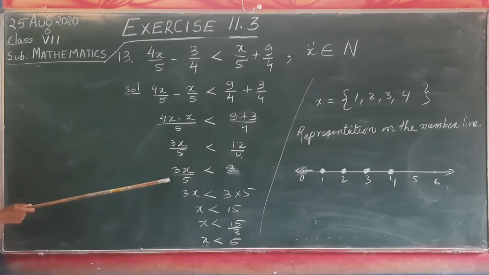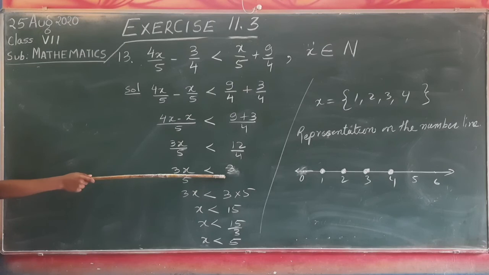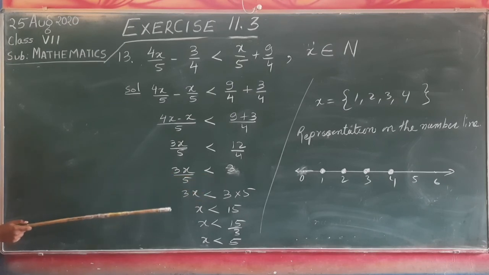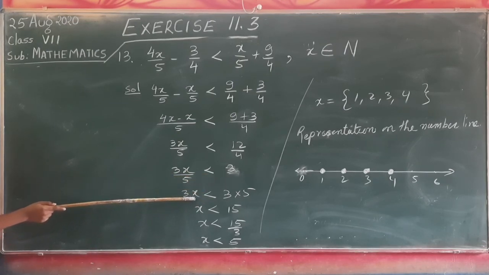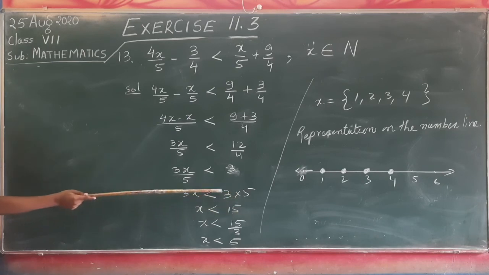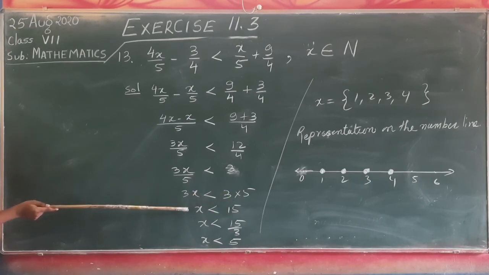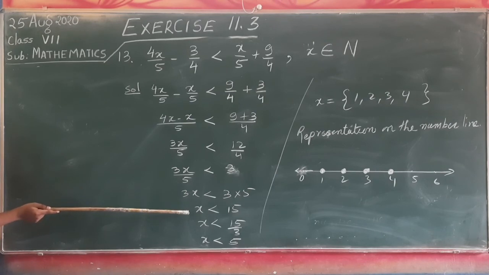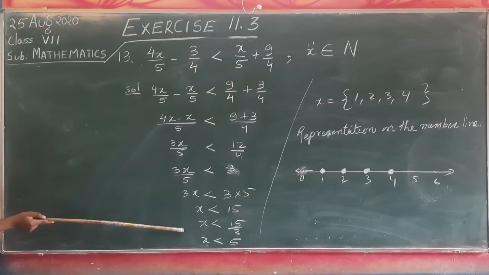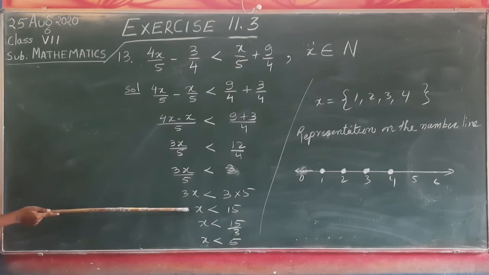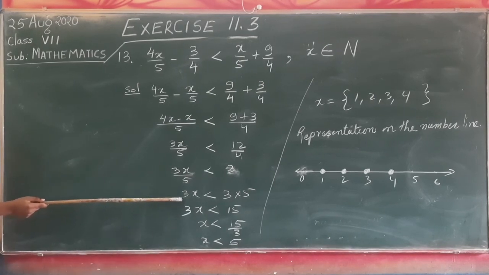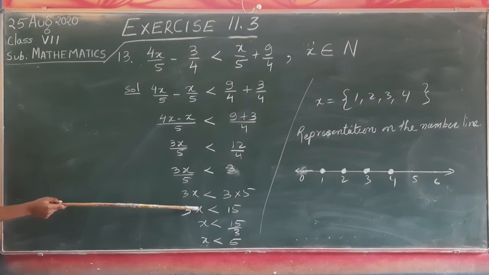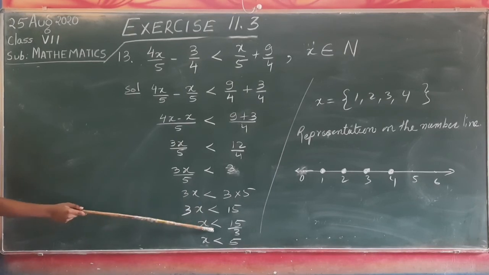Now 3x upon 5, and 3 we get, on dividing. Now on transposing 5 to the other side, 3 into 5 will give 15. So 3x is less than 15. So transposing the 3 to the right-hand side, we get what? 15 upon 3.